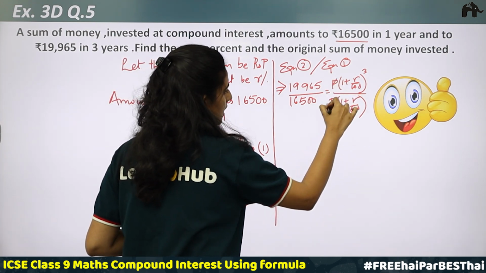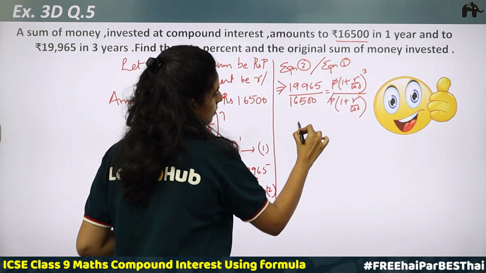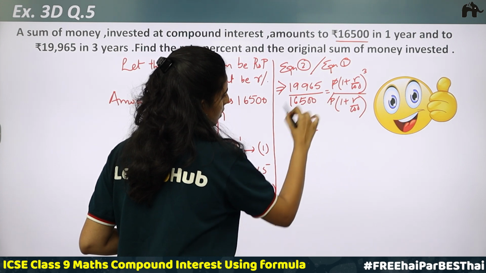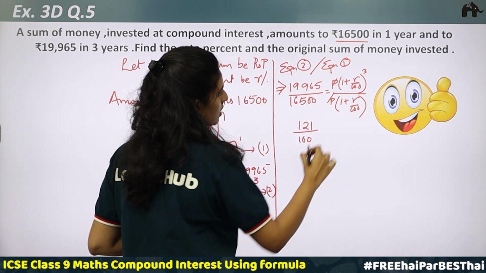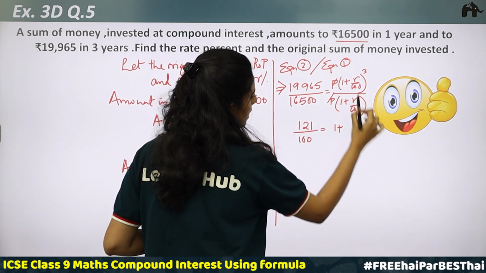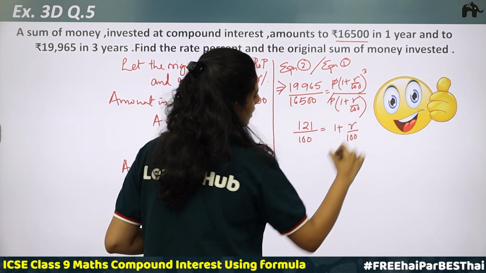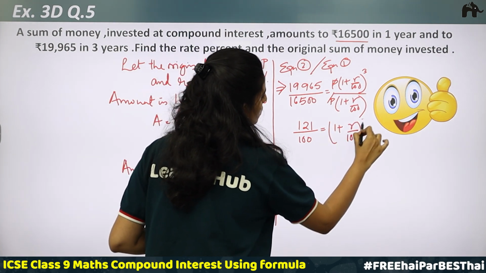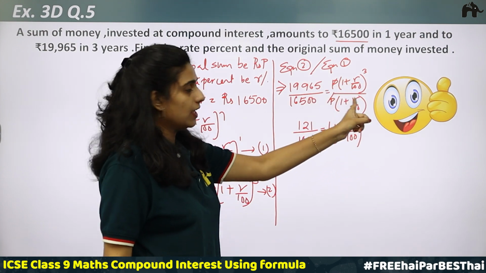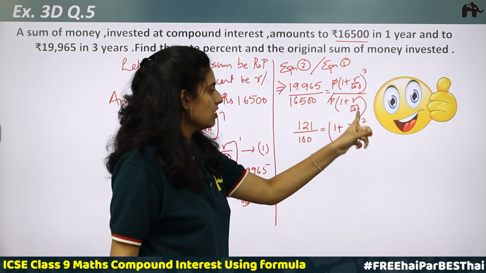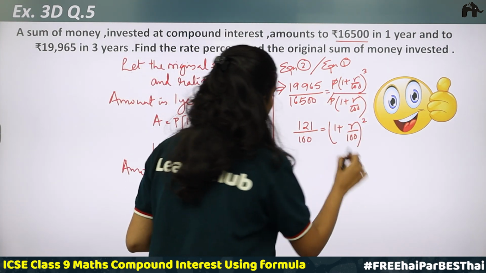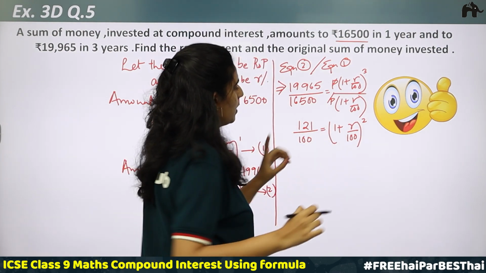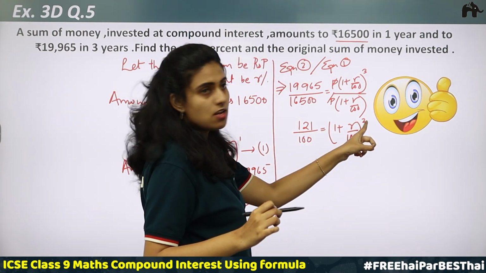P gets cancelled. So, when you divide this, you will be getting 121 divided by 100 is equal to 1 plus R by 100 whole square. 3 you have here, the denominator is 1, so 3 minus 1, which is 2. So, 121 divided by 100 is equal to 1 plus R by 100 square.